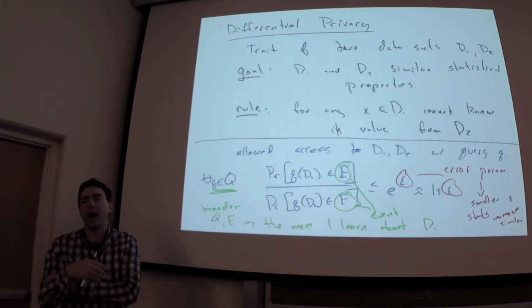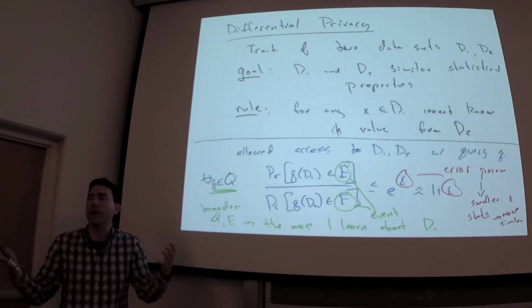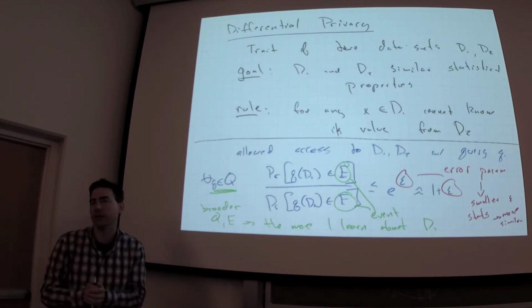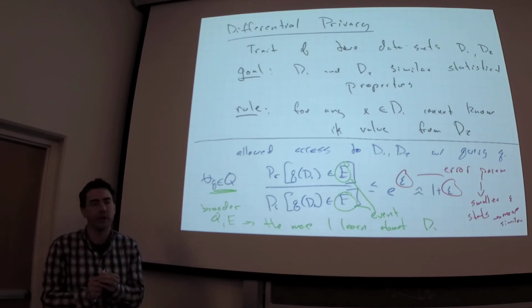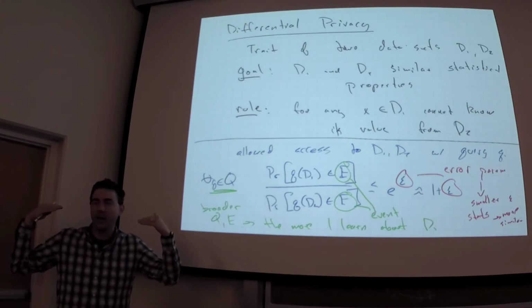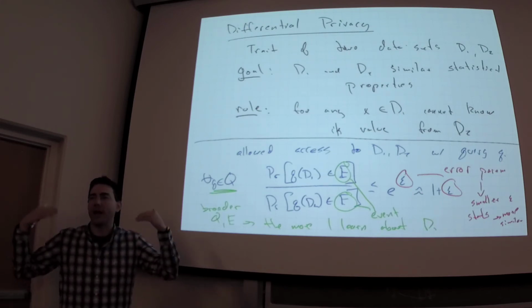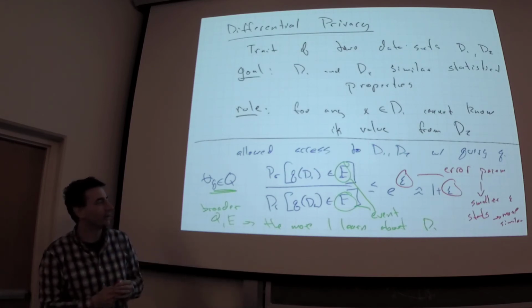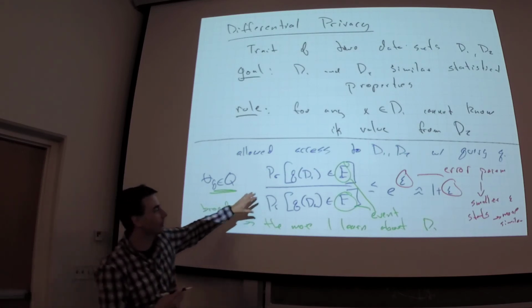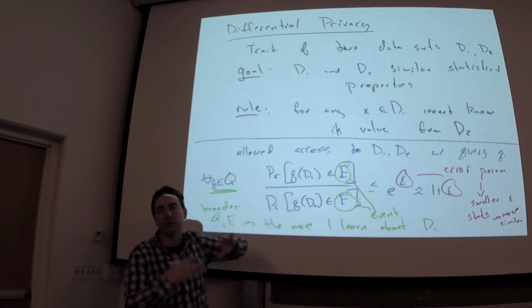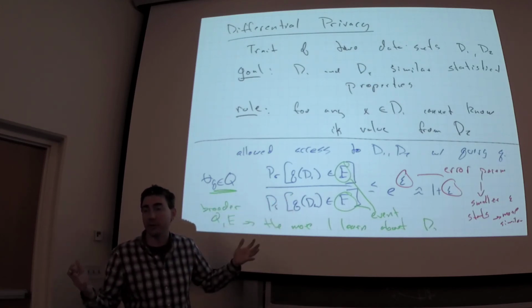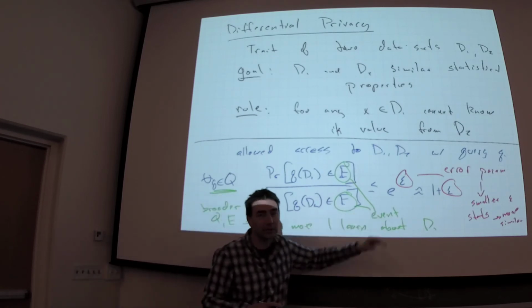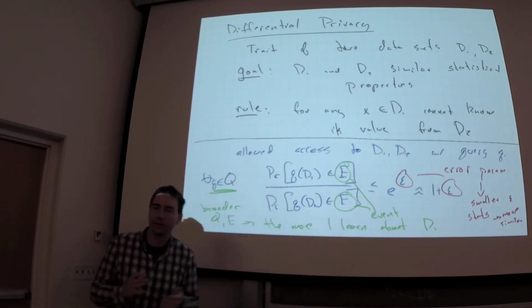So maybe I'm in there, but I changed the trait of mine, like my height. I said I'm actually 6'5" in the data set, and so am I still able to ask something about whether it changes the average height of the things in the data set by a small amount? Then this is okay, right?